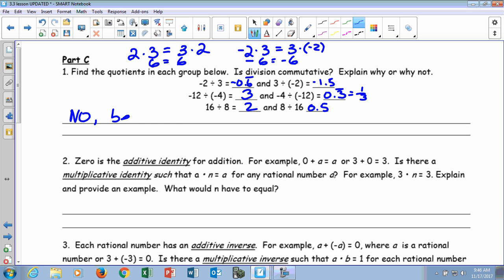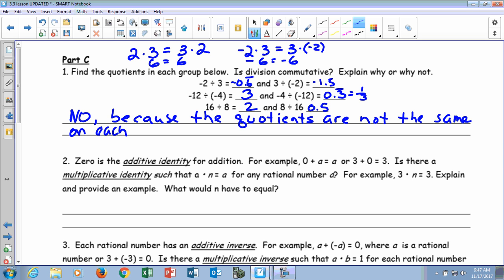And the reason being is because the quotients, which means what? What does the word quotient mean again? Answer for division, are not the same on each side of the equal sign.